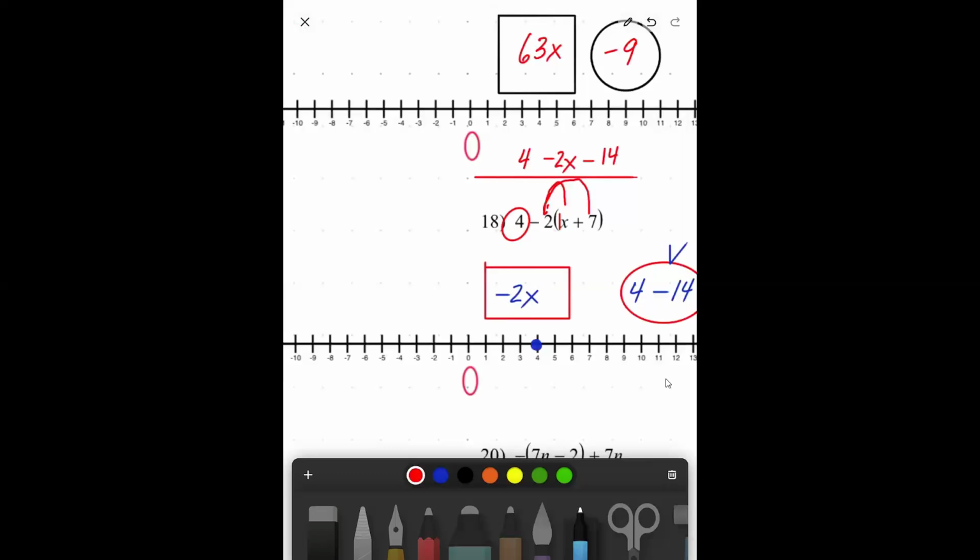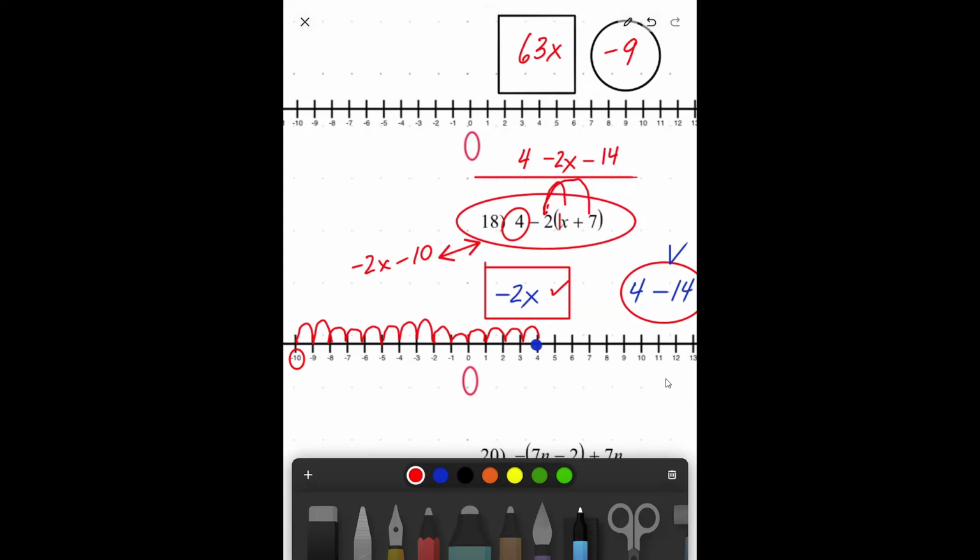Let's count that: 1, 2, 3, 4, 5, 6, 7, 8, 9, 10, 11, 12, 13, 14. So my last number is a negative 10. My final answer is negative 2x minus 10. That's what this simplifies to.